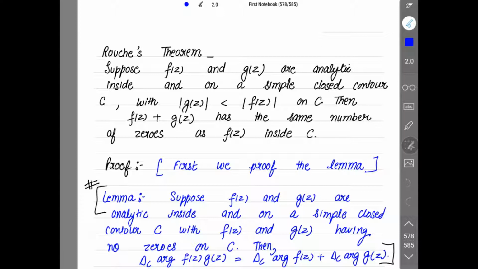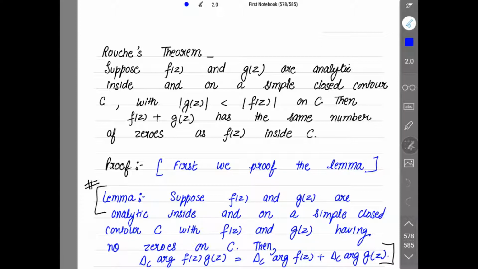To prove this theorem, we need the lemma, which I have proved in the previous video. I'm also stating this lemma here with proof again for you all.